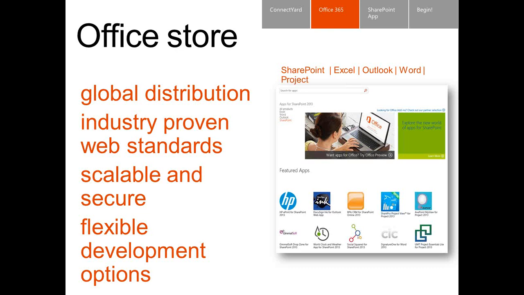What's important about the Office App Store is that it is a full app store. It's global distribution. It uses a lot of industry-proven web standards. It has the scalable and secure security requirements for people to create and publish applications. And it also has a number of flexible development options in terms of how people want to create an app and then push that app forward to the marketplace.